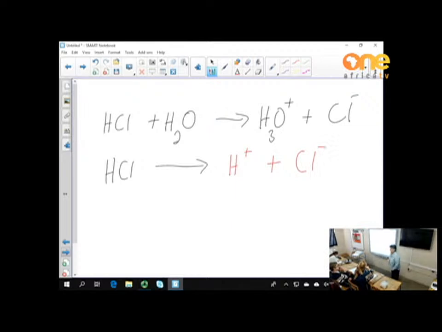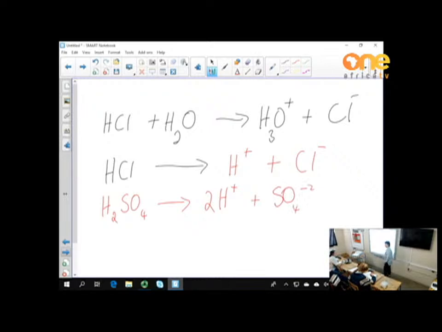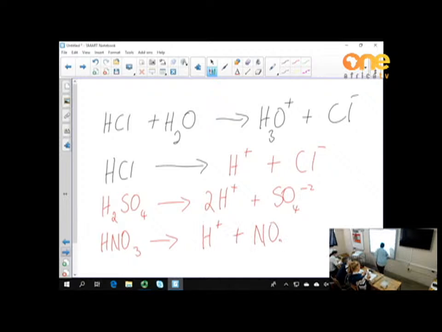into ions. If I take sulfuric acid, it will break up and it will form 2 hydrogen ions and a sulfate. I'll show you in a moment. If I have nitric acid, HNO3, it's going to ionize and it's going to form that.